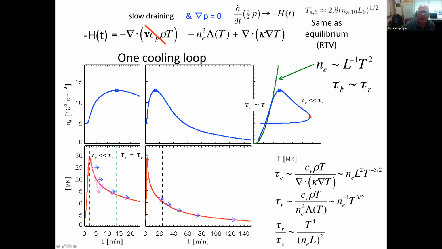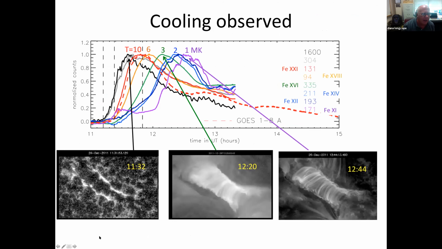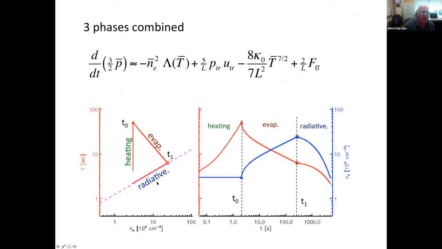It's going to cool at some combination of the conductive and radiative cooling times, but those two times have to be the same. They're not exactly equal, but they scale together. Okay, so this is a magic piece of that. I'm going to skip this here. This shows you the full evolution of a flare now.